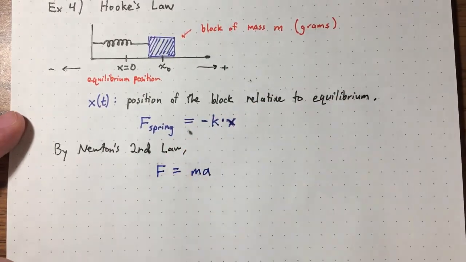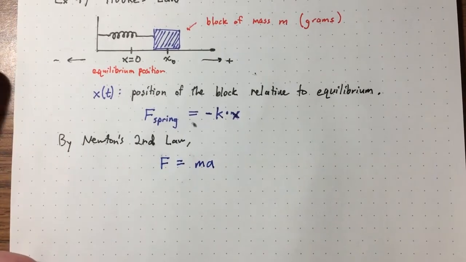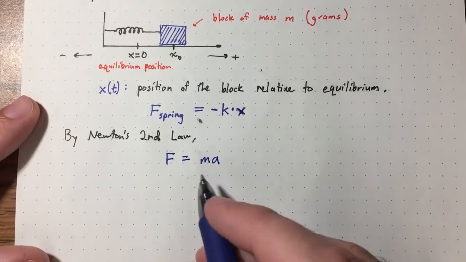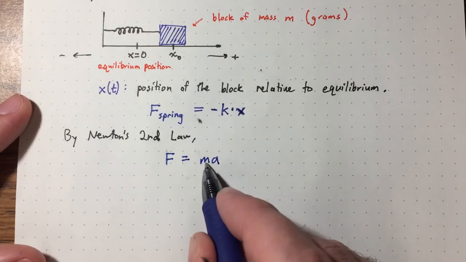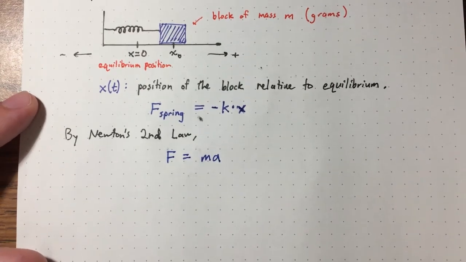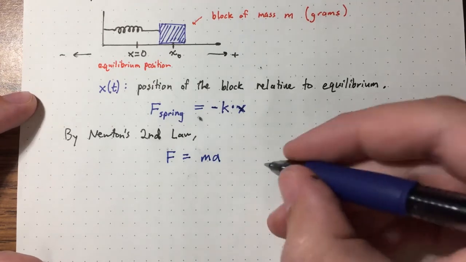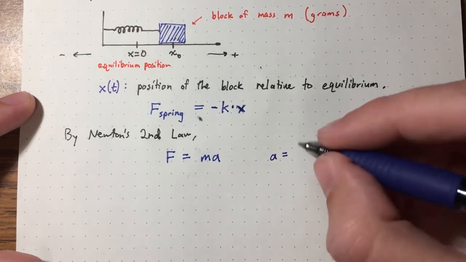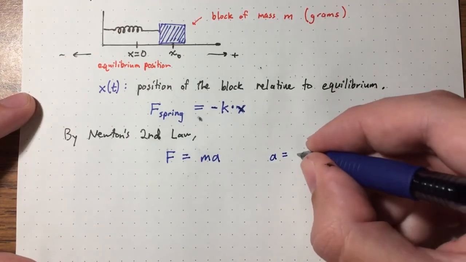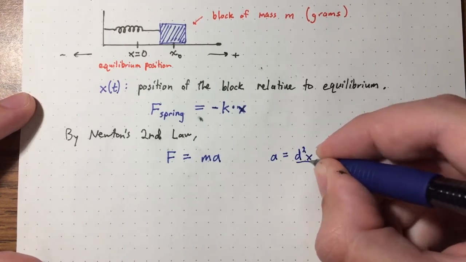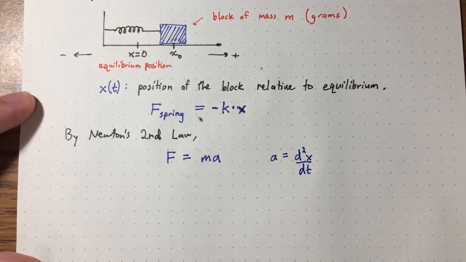It's Newton's second law, at least a version of it when the mass is constant. So the mass is constant here. But what is a? A is the second derivative of position, if you recall from calculus. So it's the second derivative of x.